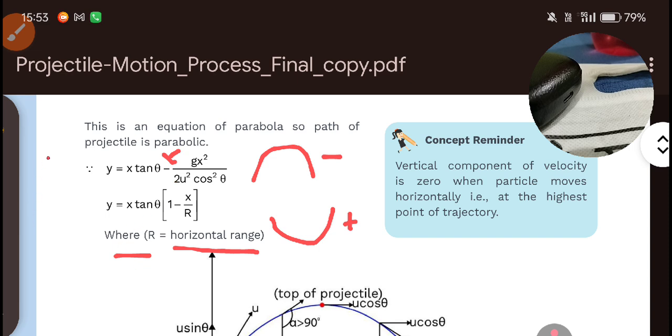Tan theta is also nothing but this resulting velocity vector, which will make some angle. The vertical component of velocity is 0 when the particle moves horizontally at the highest point of the trajectory. We will see it later.